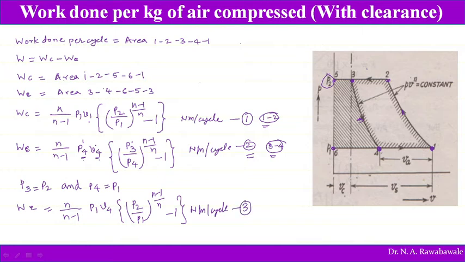So already we have written here, say, equation number A. In this equation number A, net work done in this case, when we consider clearance, is nothing but work done during compression minus work done during expansion.